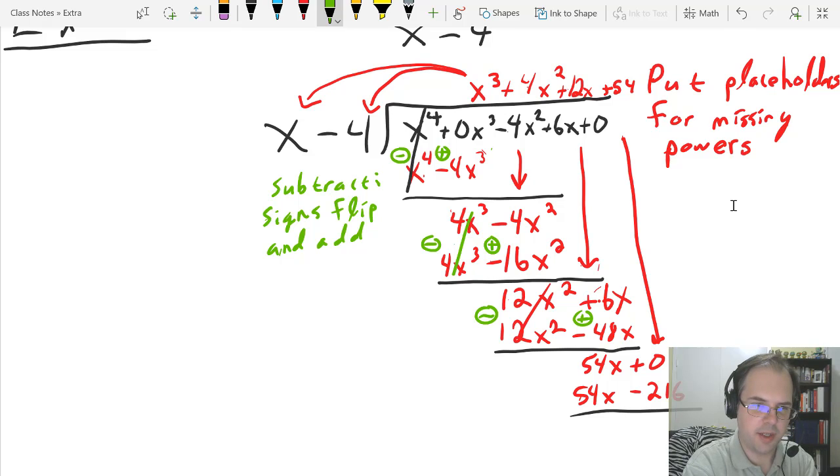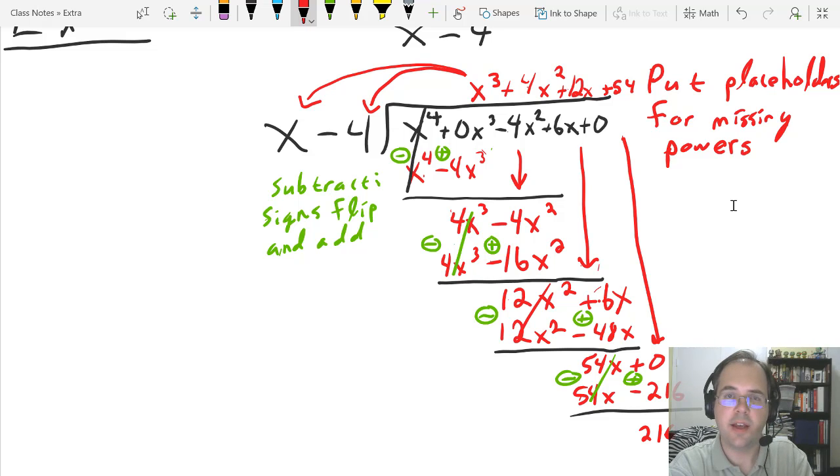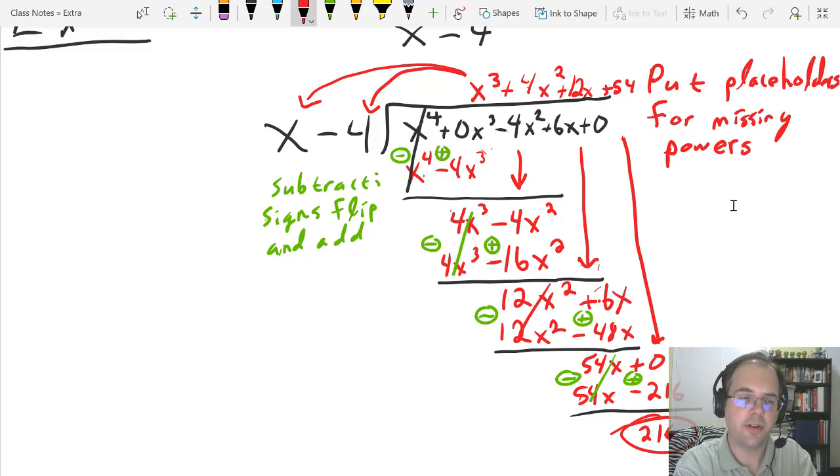And we flip our signs and add. These will cancel, and 216 is adding to 0, so that's just 216. At this step, there's no more x's left here, it's just a number. So we're not going to be able to continue any further to try to multiply x in order to get something that's 216. So this is the end of our division process.